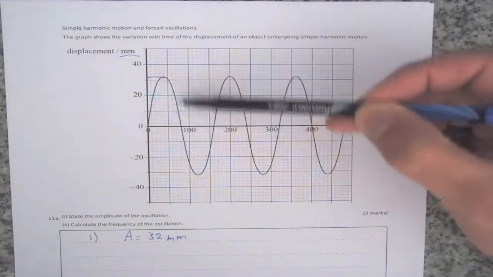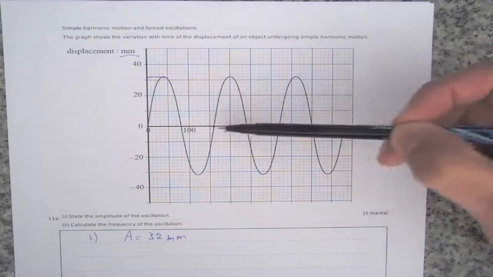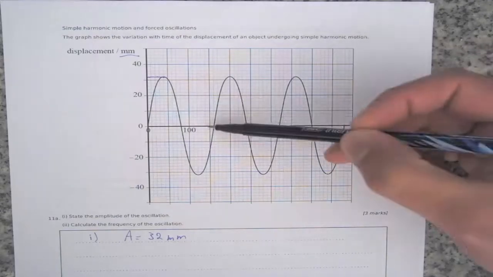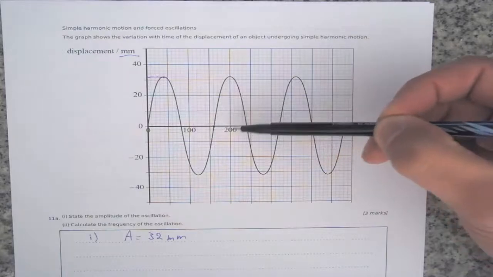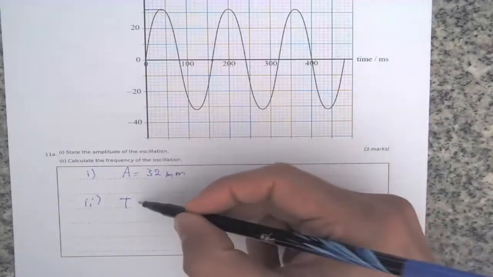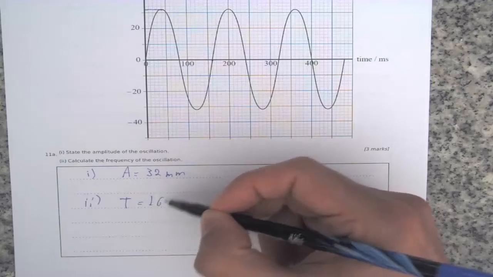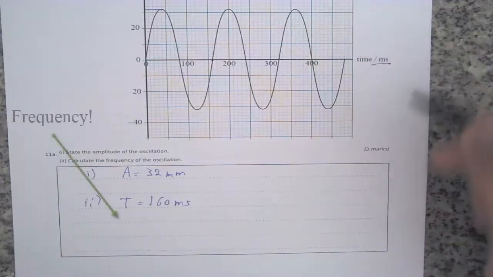So what you have here, you go for a full oscillation. Here is your point. Again, you have to be careful calculating these numbers. Here you're at 150 and one more box, it's 10 for each box. So the period for your second part will be 160 milliseconds. Again, be careful with the units.